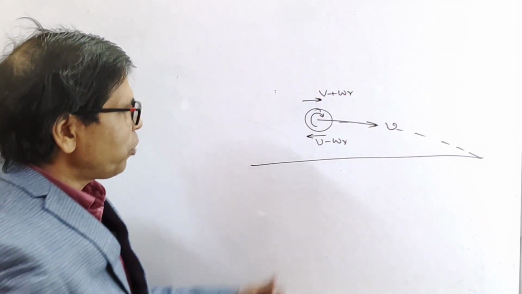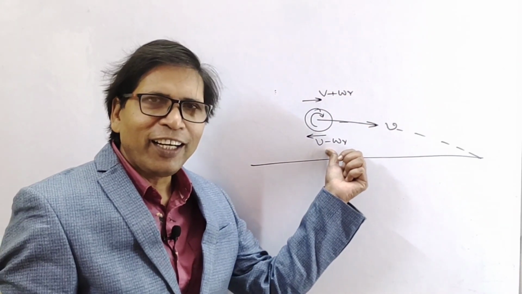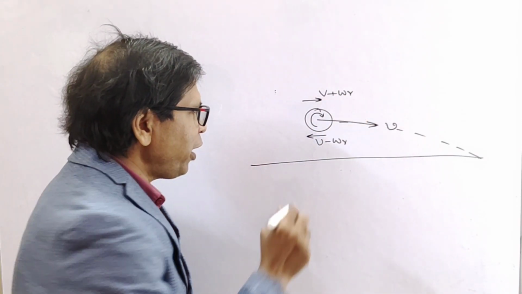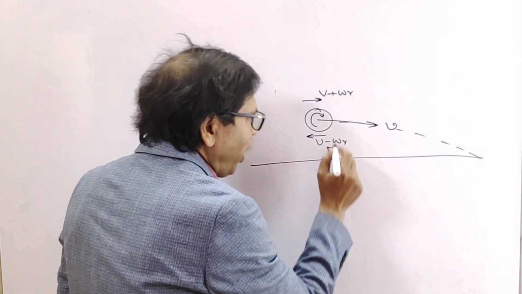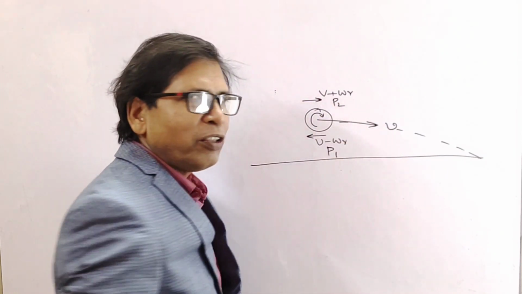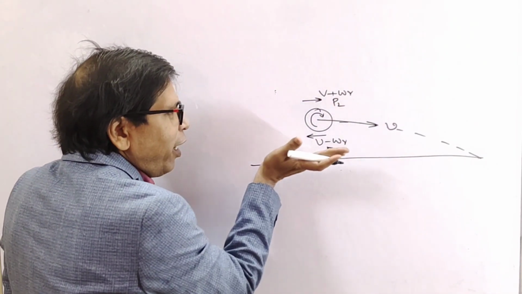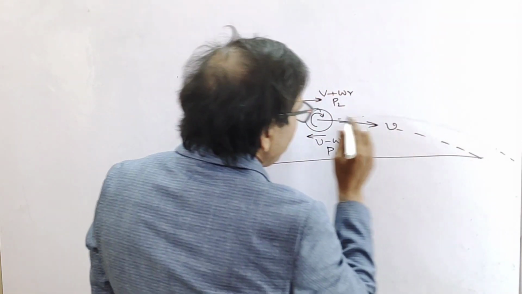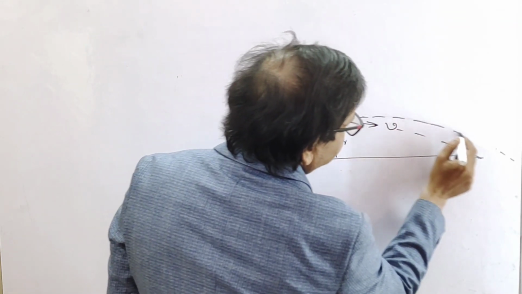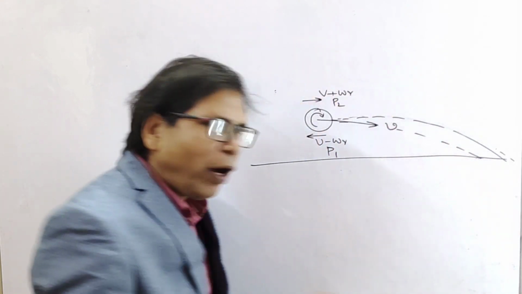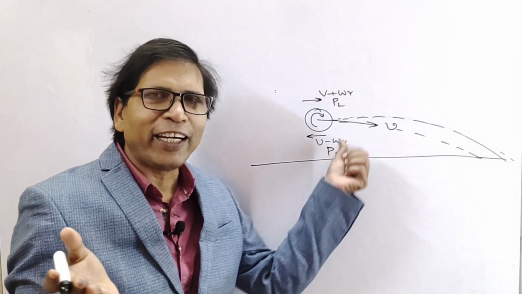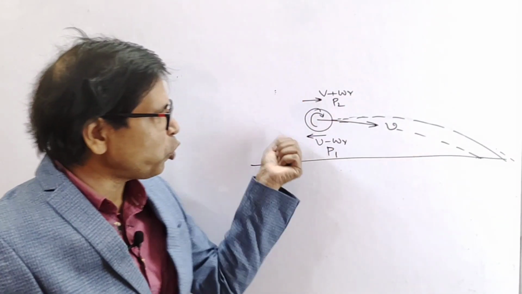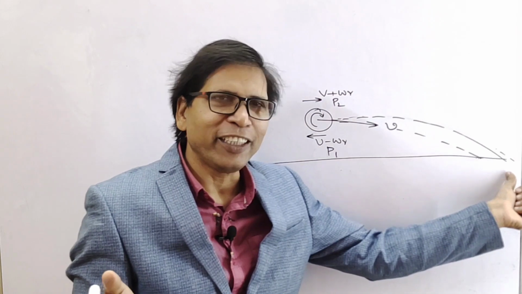So here pressure P1 is greater than pressure P2. So some upward lift occurs on the ball. The ball moves along this direction due to the upward lift from the pressure difference. So this is the original path, and due to spin this is the changed path.